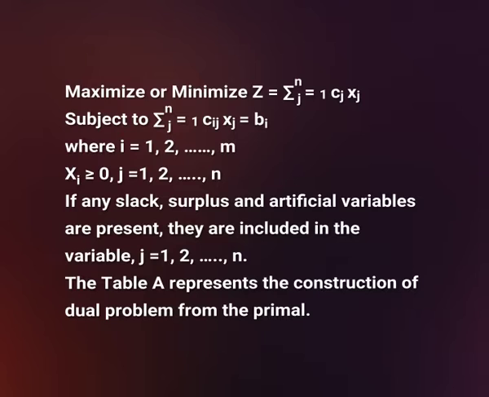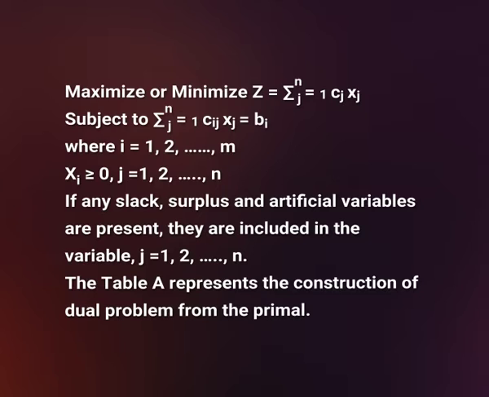Maximize or minimize z equals the sum over j equals 1 to n of cj xj, subject to the sum over j equals 1 to n of aij xj equals bi, where i equals 1, 2 and so on till m, and xj is greater than or equal to 0, j equals 1, 2 and so on till n.